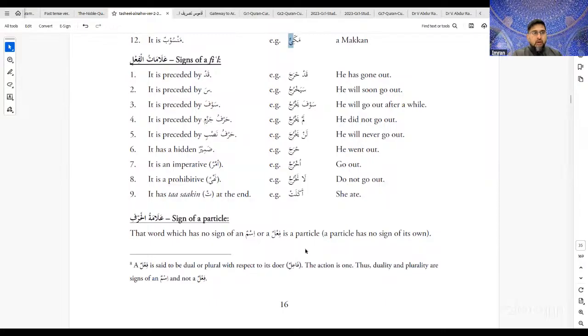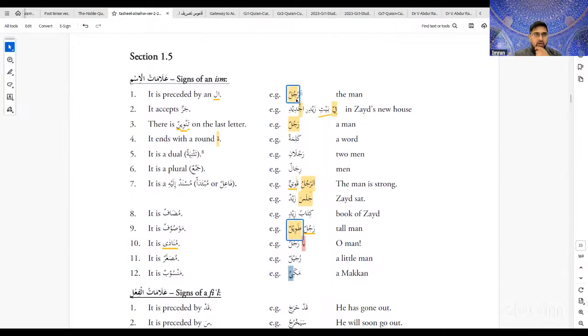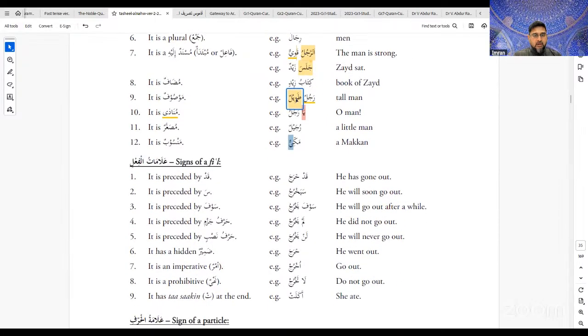As I said, this Mafaheem class is the practical implementation of the Arabic grammatical concepts on the ayat of the Quran. We covered the first 12 signs of the nouns, and the next 8, 9 are for the signs of the verb.